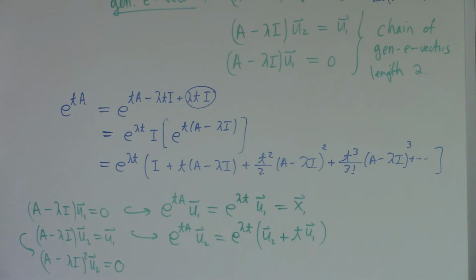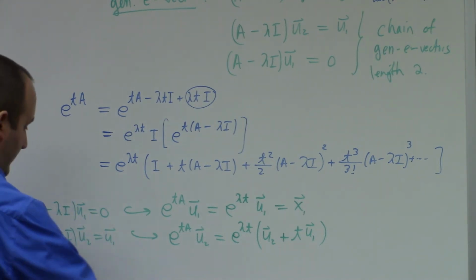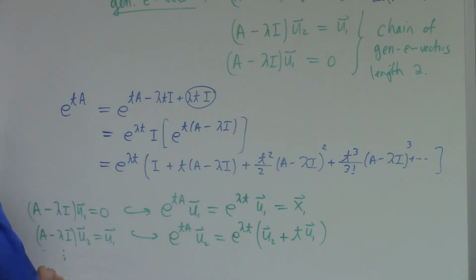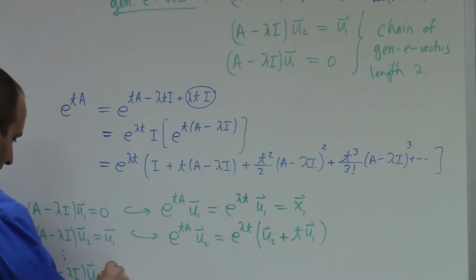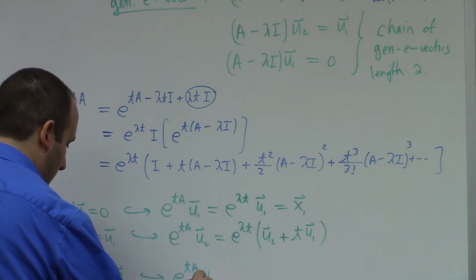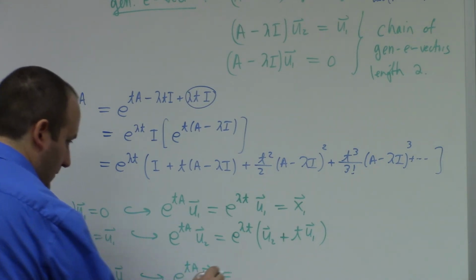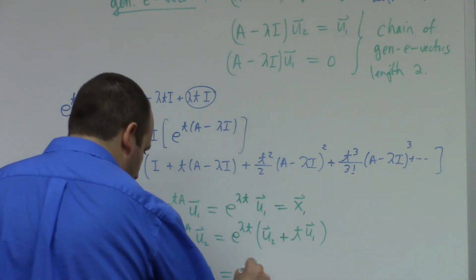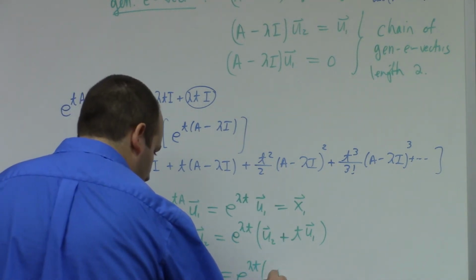And so forth. If I had a chain of length k, let's say, what would I have? Well, I would have e to the lambda t out front. Then I would have uk, that's my first thing.